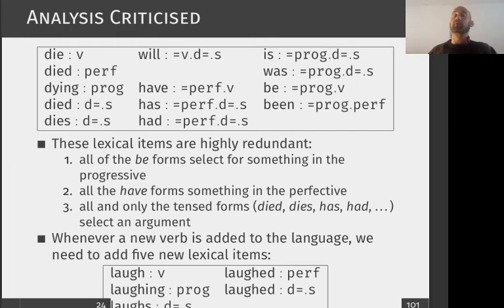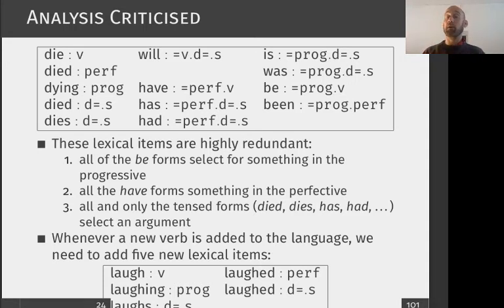When we try to extend our analysis so that we can deal with more verbs, like open class lexical items, like laugh, right? Laugh is just like die, only happier. We can't just add a lexical item, laugh, and be done with it. We have to add 5 new lexical items. Anytime we try to add a new intransitive verb that behaves exactly the same as die to our language, we have to add 5 new lexical items.